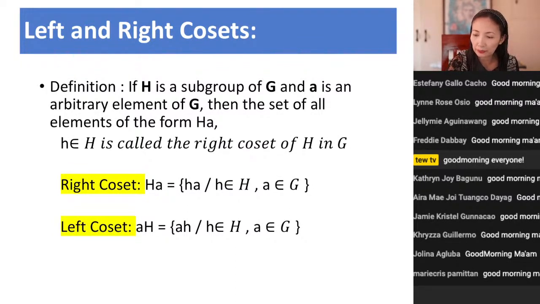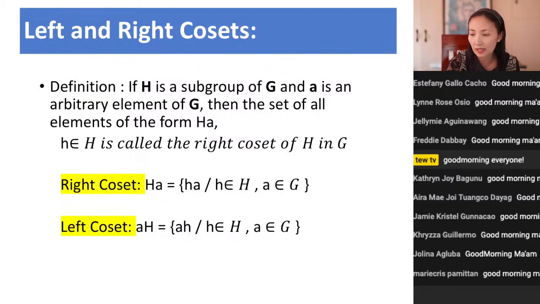By definition, if H is a subgroup of G and A is an arbitrary element of G, then the set of all elements of the form HA, where H is on the right of A, is called the right coset of H in G. The opposite, when we swap their places, gives the left coset: A times H, where A is an element of G, and H here is an element of H.